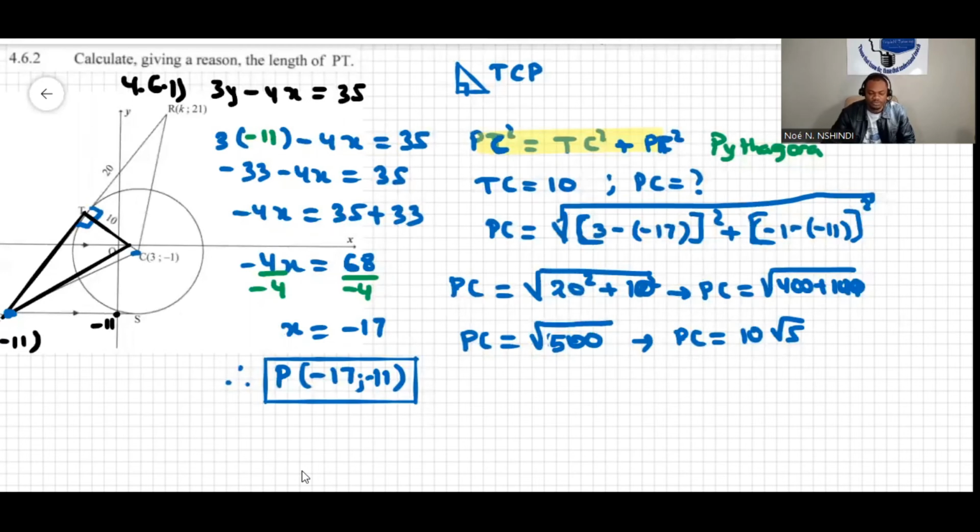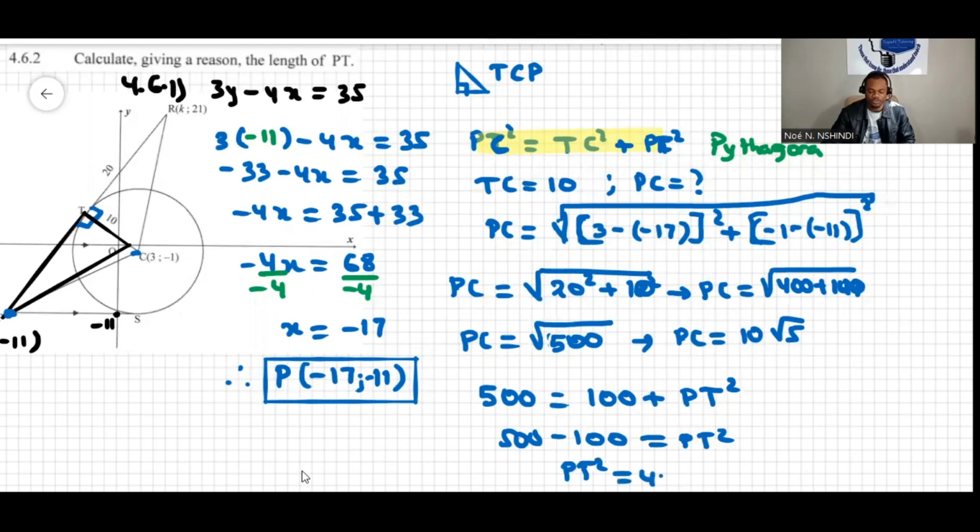So 500 will be equal to, because that's PC squared, TC is 100 plus PT, which is the unknown PT. If I move 100 over, that makes 500 minus 100 equal to PT squared, and then PT squared is equal to 400.